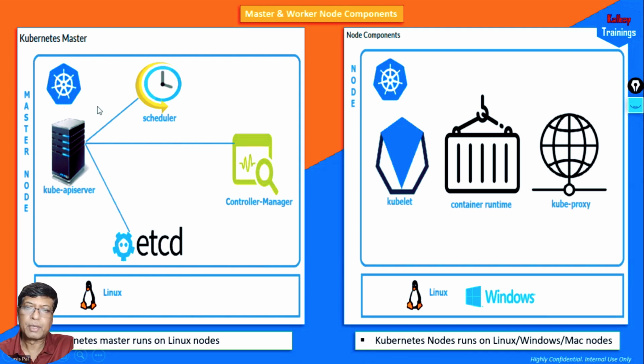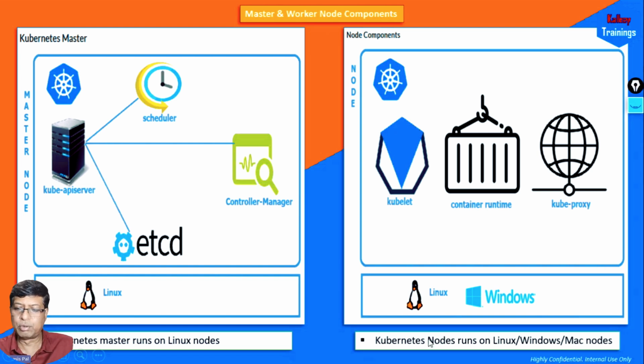So the node components are your kubelet, container runtime, kube proxy. Can you see kube proxy having a networking element? This is a networking object. This node part can be on Linux, preferred on a Linux machine, or on Windows or Mac.